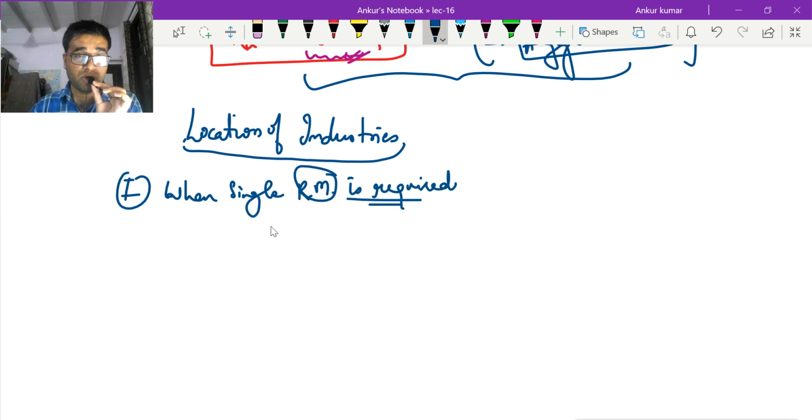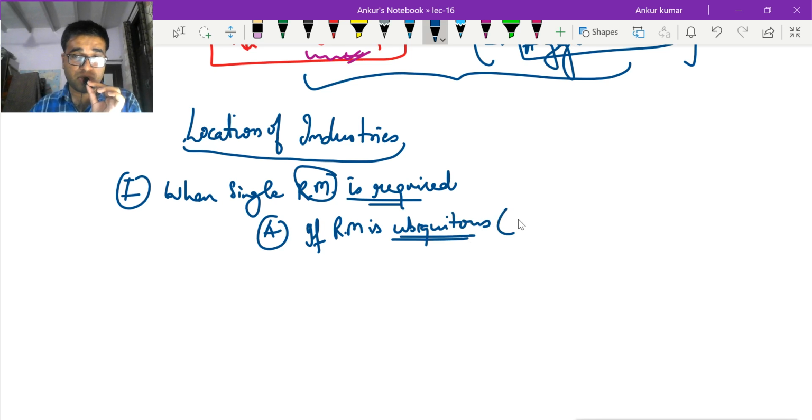Now in this we can make two cases. Number one, if the raw material is ubiquitous. Ubiquitous means it is present everywhere.